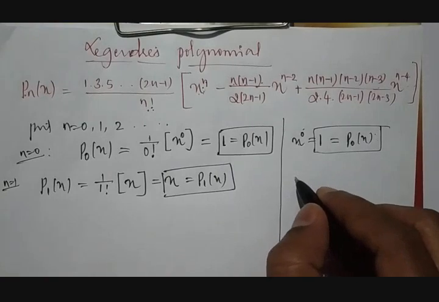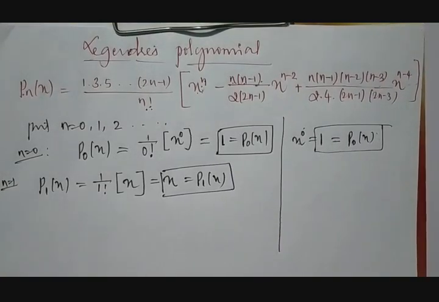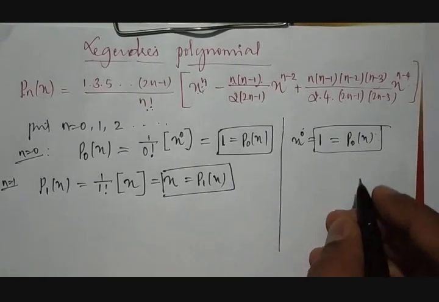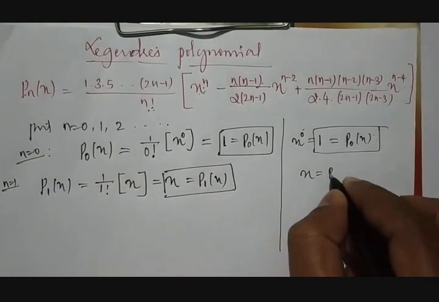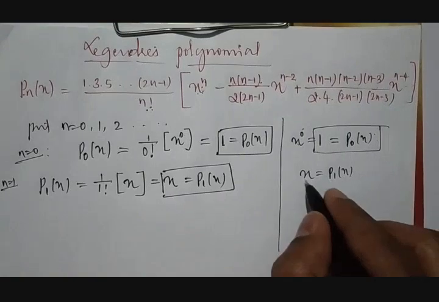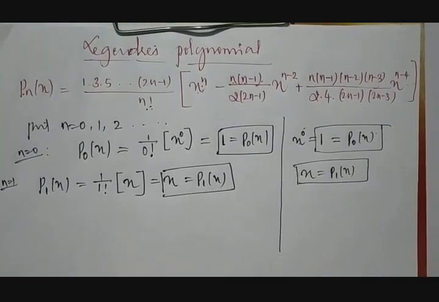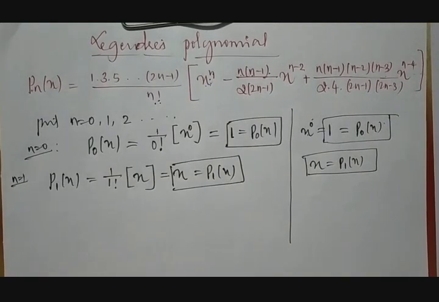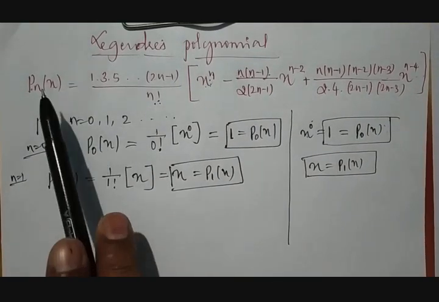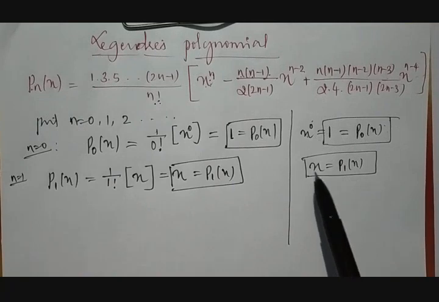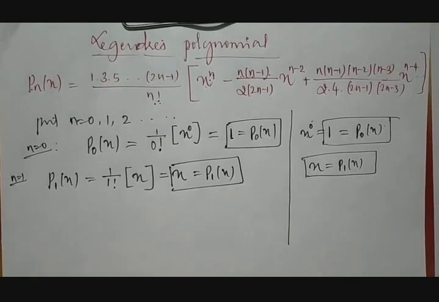Therefore, again, how this will be expressed in terms of x, we know that p1 of x is equal to x. Therefore, x is equal to p1 of x. Why is it required? We'll come to know while solving the examples. Because sometimes we need to substitute the values of pn of x and sometimes we need to substitute the values of x terms as polynomials.